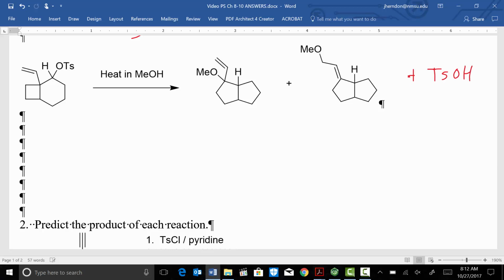So this is an SN1 reaction. Notice that this looks like a solvolysis. The halide, or the tosylate in this case, is secondary. Methanol is a relatively poor nucleophile, so it's not going to engage in any sort of SN2 or E2 behavior.